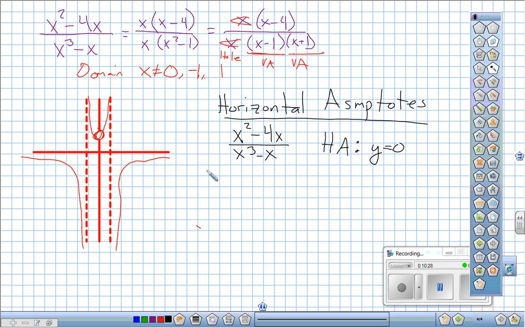That will happen anytime the degree of the top is lower than the degree of the bottom. So it will be at y equals 0 if the degree of the numerator is less than the degree of the denominator.